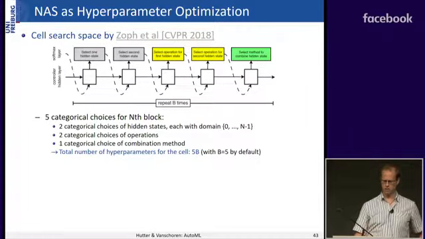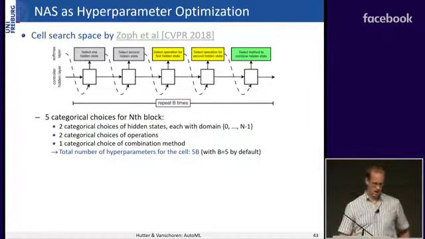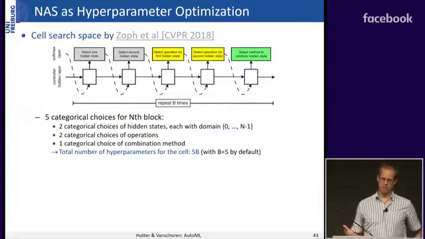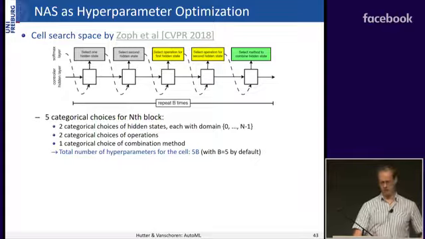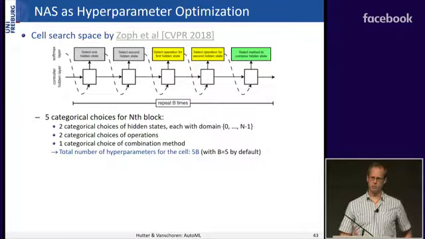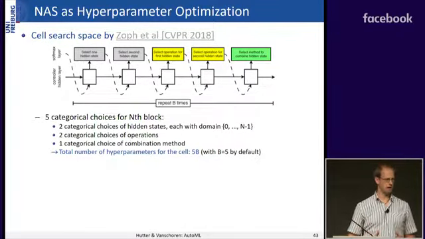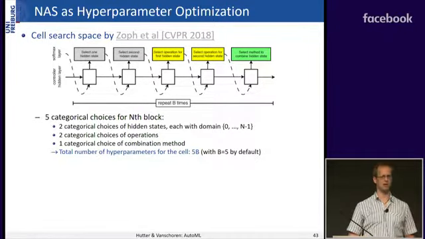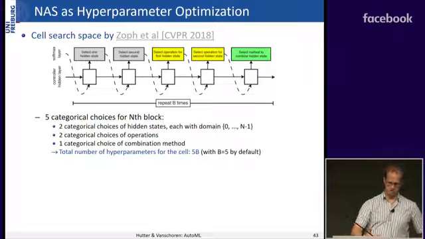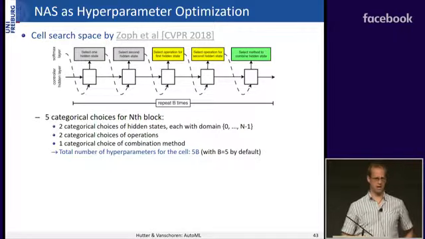So you have 5 categorical choices for each of these blocks, and you have B blocks, with B typically being set to 5. And with 5, this gives you 25 hyperparameters that fully define the cell. And there isn't even any conditionality going on here. This is just categorical hyperparameters, and standard hyperparameter optimization methods can be used in this space.